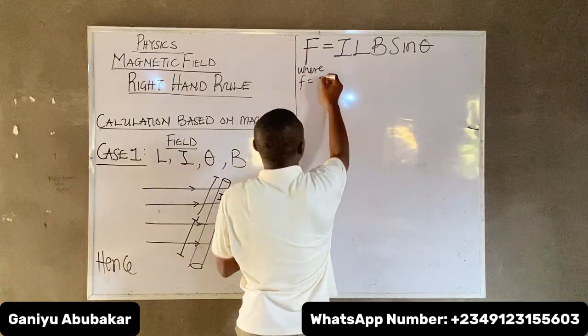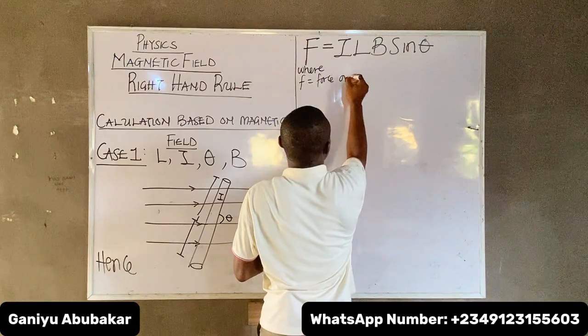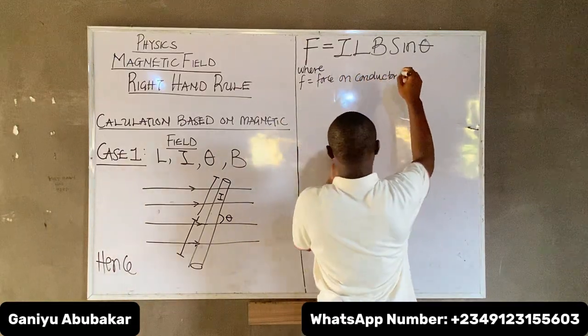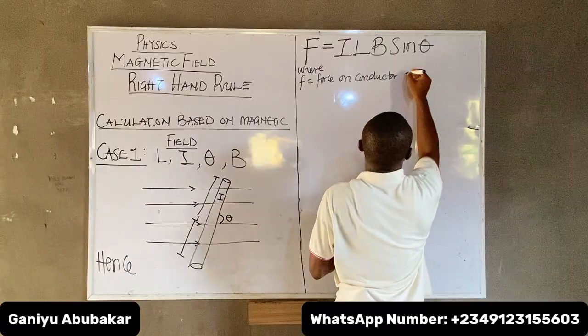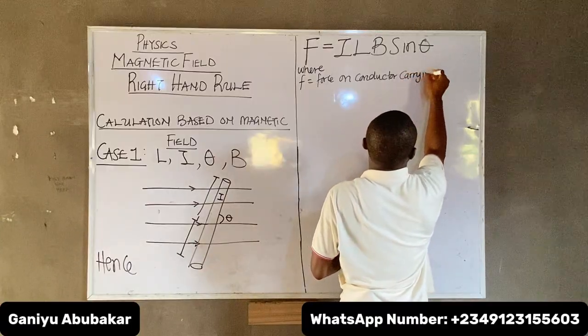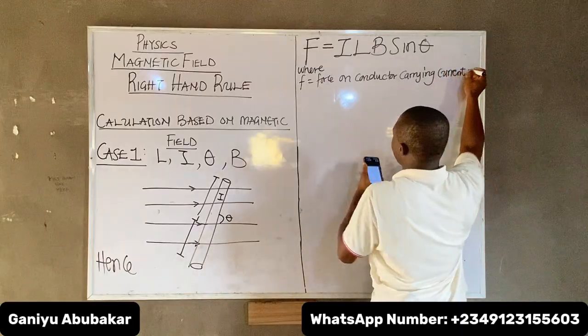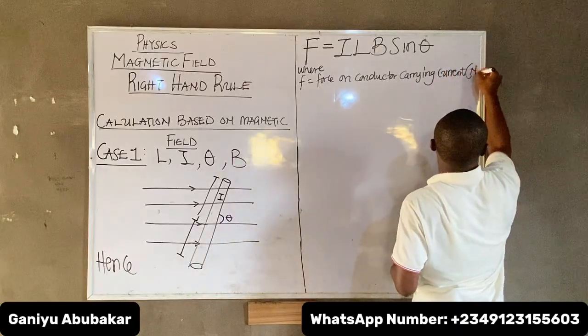Let's define the parameters. F signifies force on conductor carrying current, in Newton.